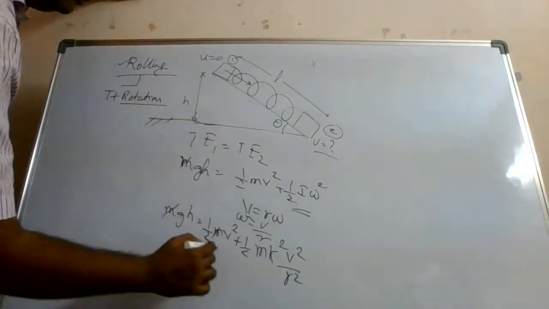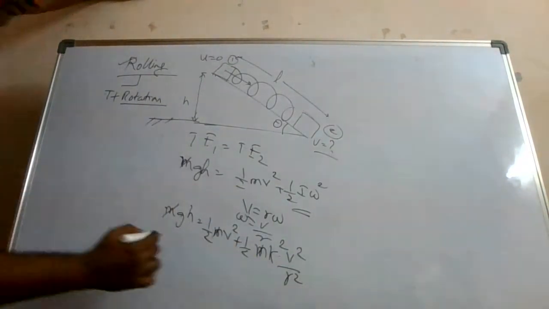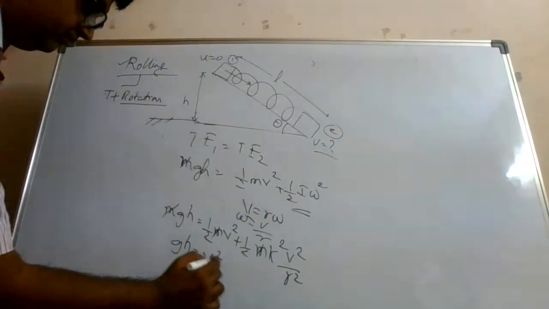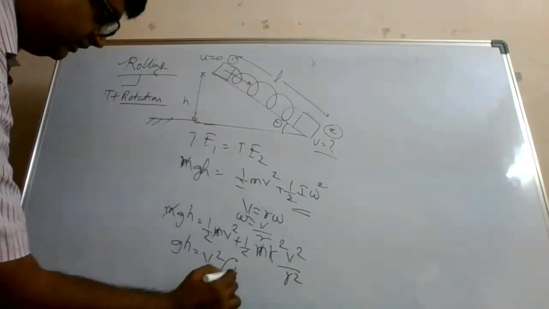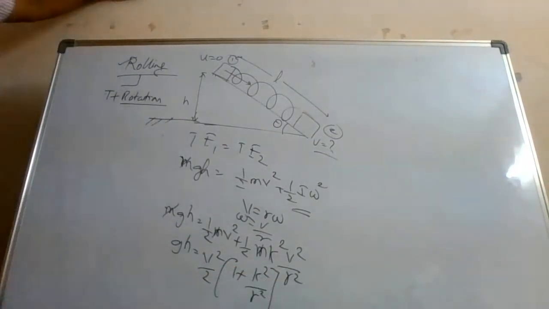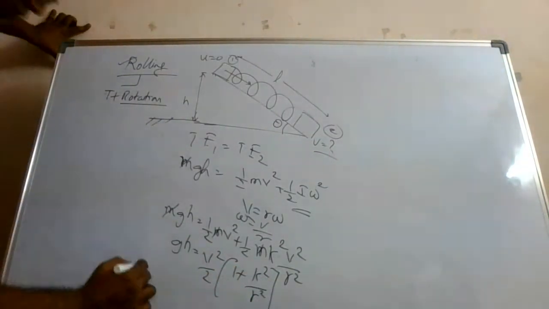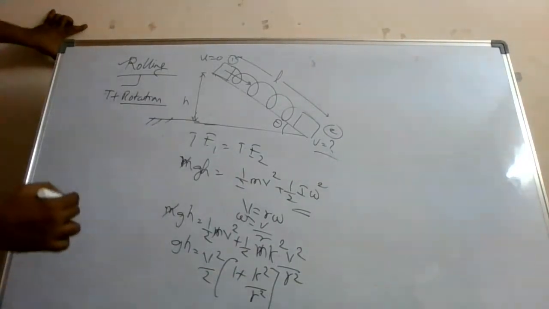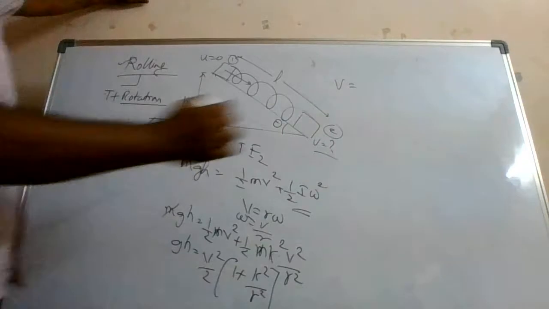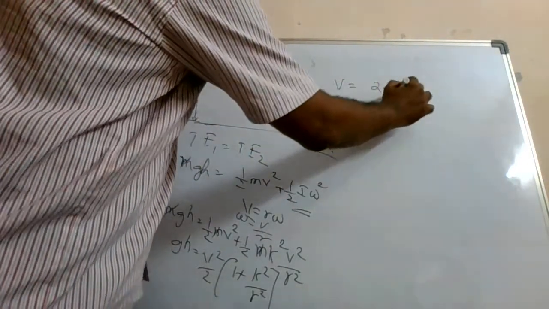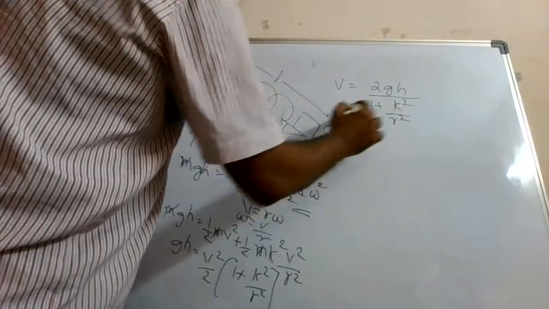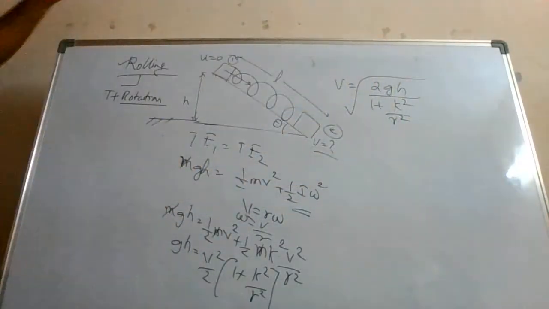Cancel out m's all along. You get gh is equal to v square by 2 common, 1 plus k square by r square. Or your v will be equal to the square root of 2gh divided by 1 plus k square by r square.